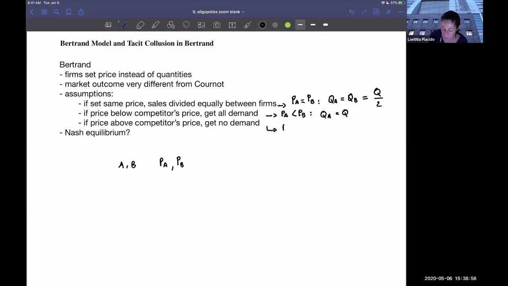Last scenario, if firm A sets a price above the one set by firm B, then QA gets no demand at all. So it's like demand is perfectly elastic between firms. Okay, so that's the assumption we need to solve that problem. So what is the Nash equilibrium here?